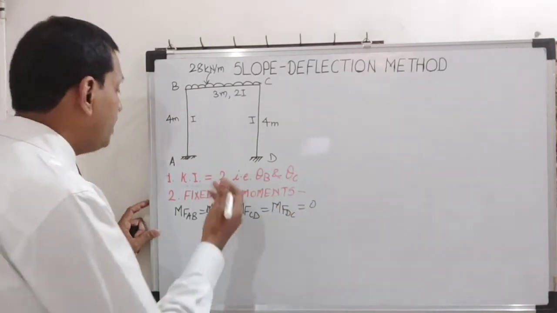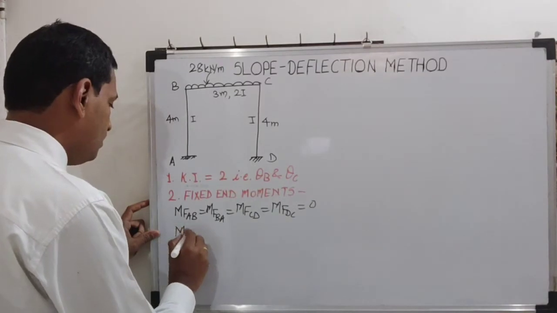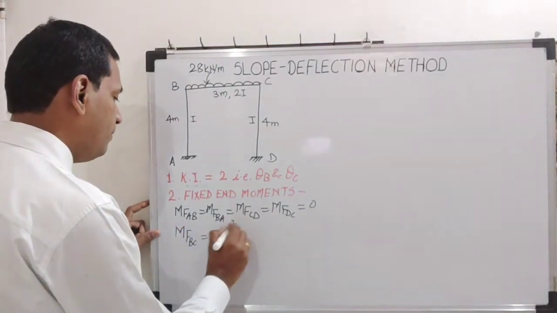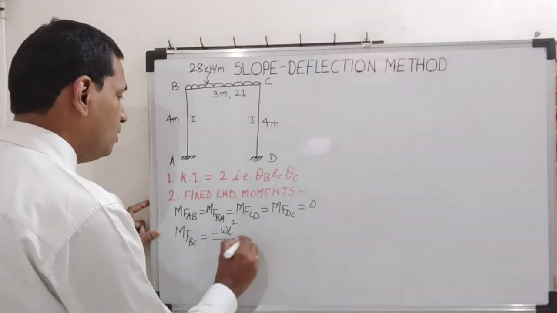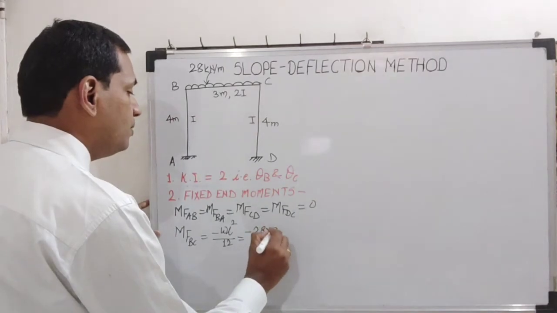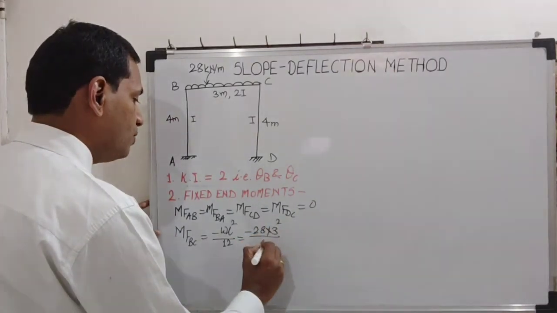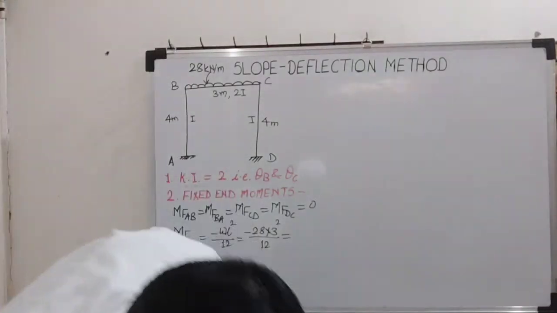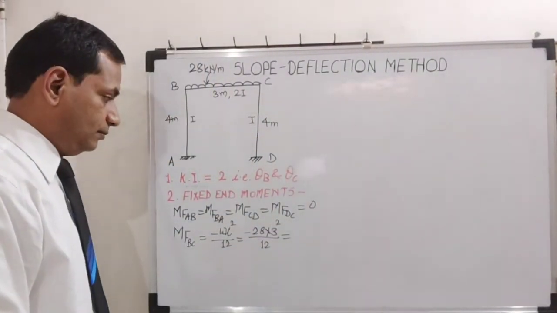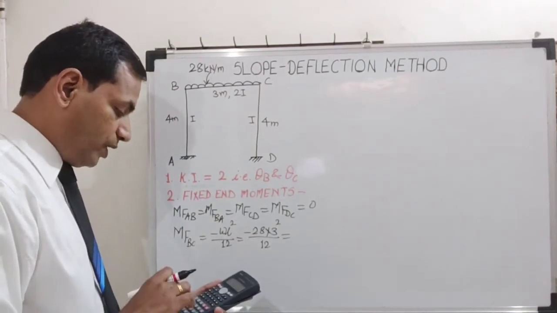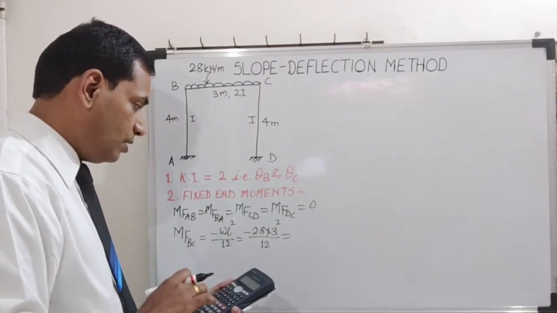Then MFBC is minus WL square by 12. So this is minus 28 into 3 square upon 12. Let us calculate this value. 28 into 3 square upon 12.